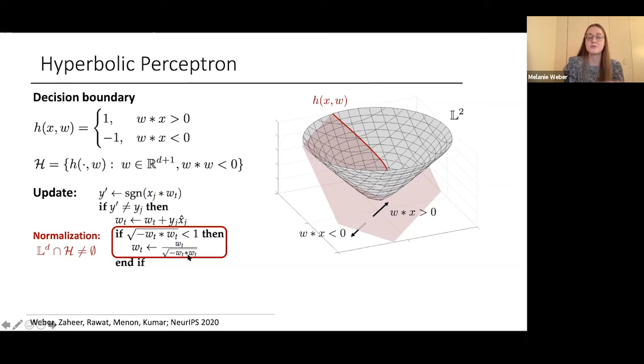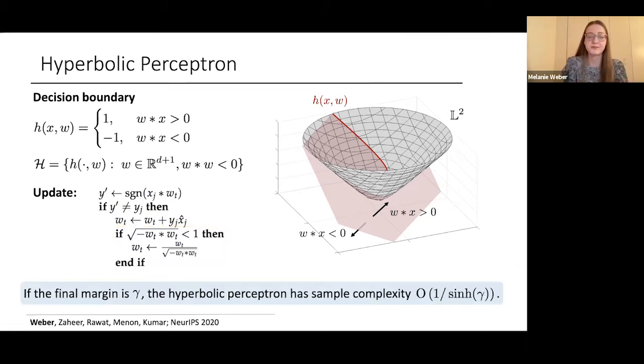So we might have to map onto a different hyperplane, which has the same classification power, but does intersect the manifold. So we just have to insert this normalization step, and then one can show theoretically that by inserting such a step, our updated classifier will always remain valid.